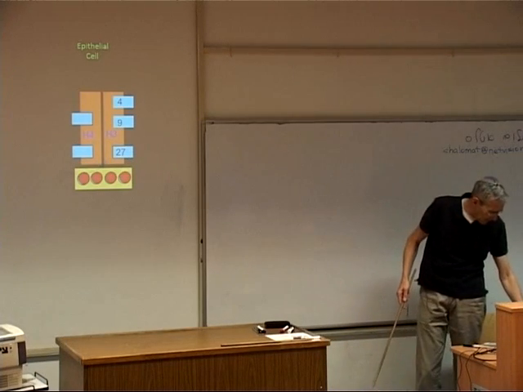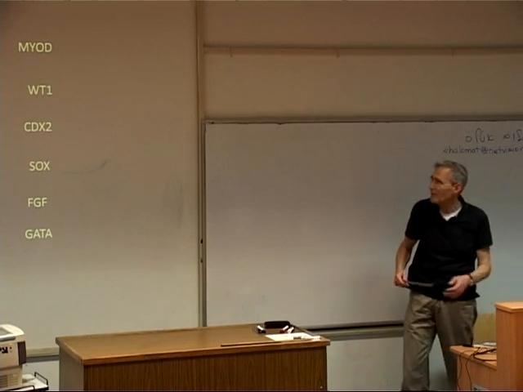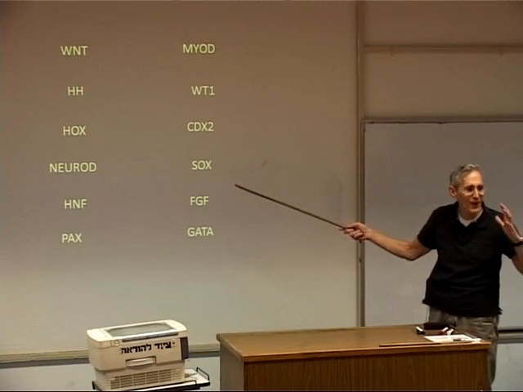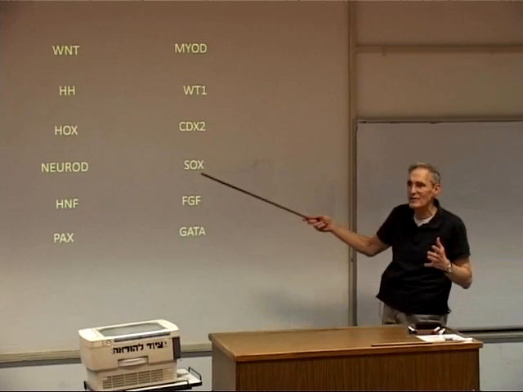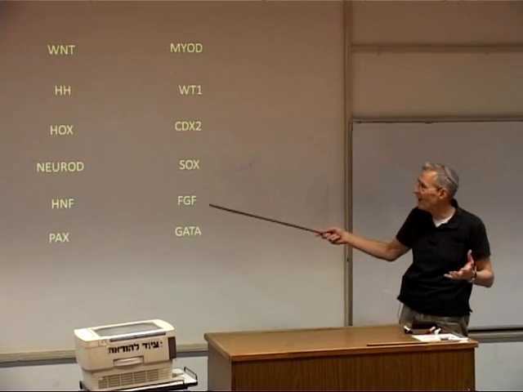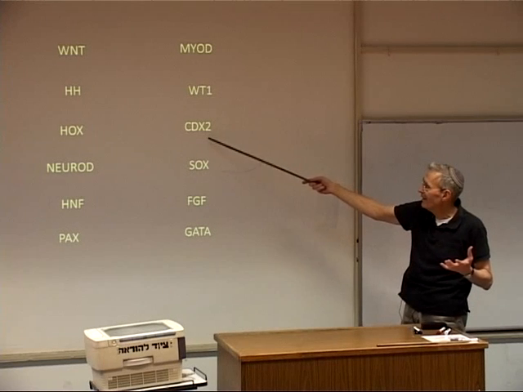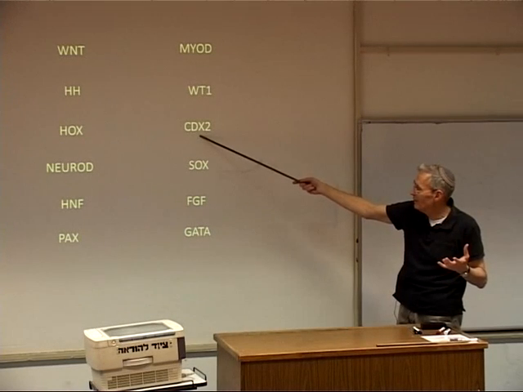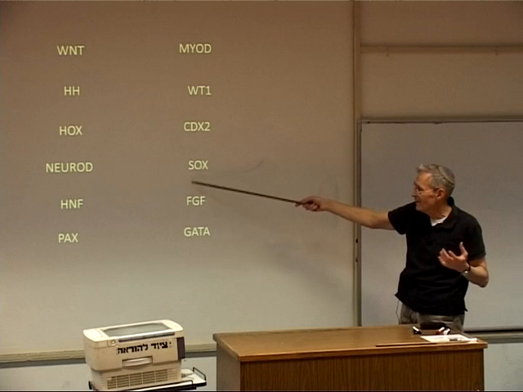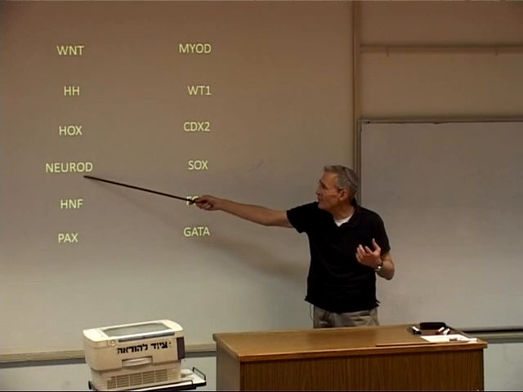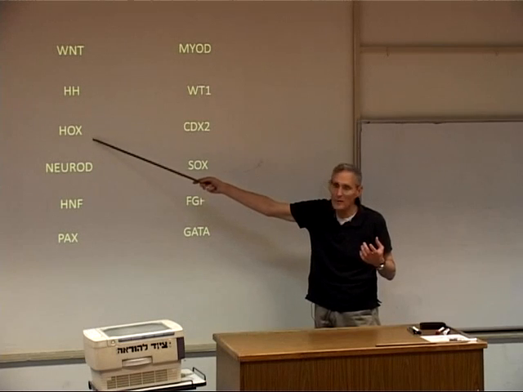Consistent with the idea are a couple of things. First of all, just to point out some of the polycomb target genes. You can really see that these are genes that are involved in differentiation. All these MyoD, Wnt, SOX genes. This is important for the liver, for neurons, for morphology.